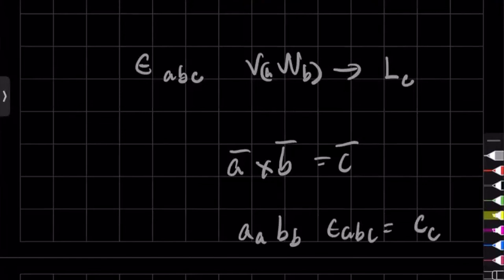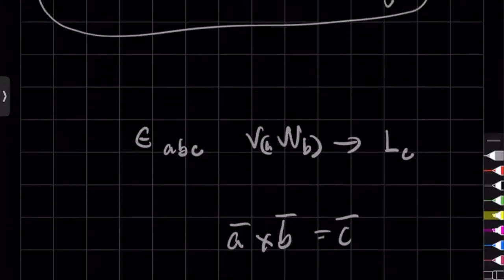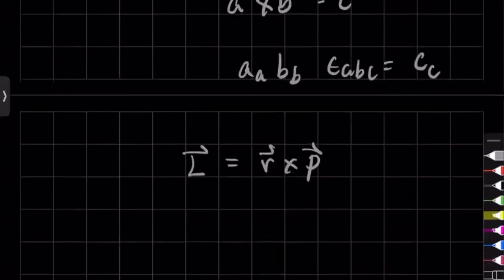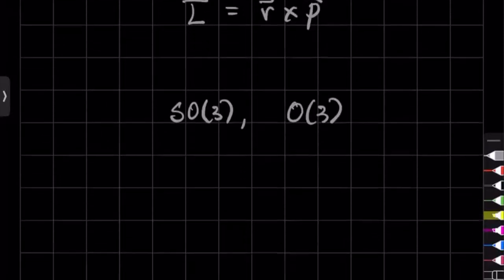So we know that L is a cross product of R and P, right? That's exactly what we have done. Incidentally, L is a vector under SO3, but not a vector under O3. So what does that mean?